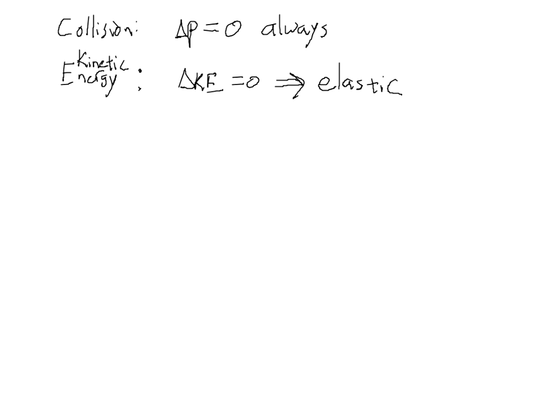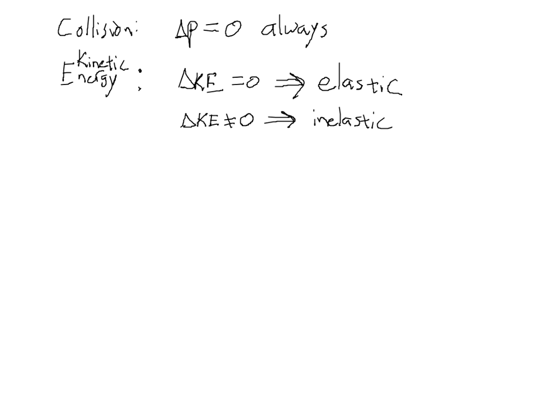On the other hand, if kinetic energy changes and kinetic energy is not conserved, then we say that that collision is inelastic. Those two phrases are also synonyms. Kinetic energy changing, kinetic energy not being conserved, or a collision being inelastic, those all mean the same thing.